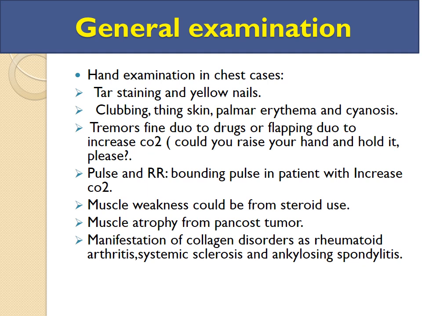So clubbing is very important. Then you look at the skin, the dorsum of the hand. This skin could be tight, as in scleroderma, so I suspect this patient could have interstitial pulmonary disease. Or if there is thin skin, I suspect this patient is on steroid therapy.